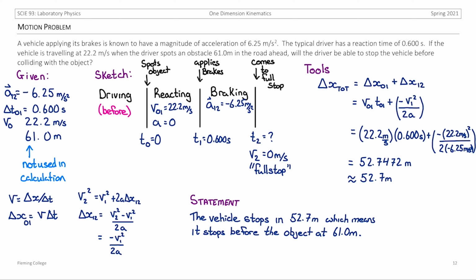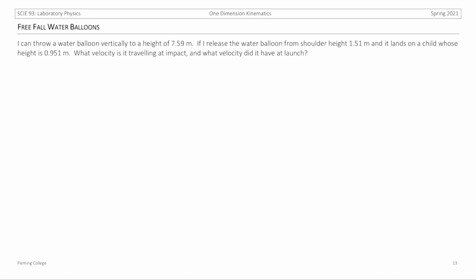I'm not too picky about the number of steps you show me on rearrangements, but you do need to show me how you've combined these equations before you plug all your values in. And to get full marks, you need to show me that you can successfully interpret your results by giving me that final statement. Let's move on to another example.